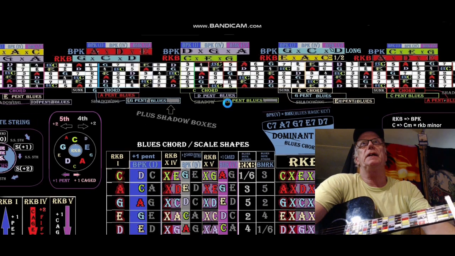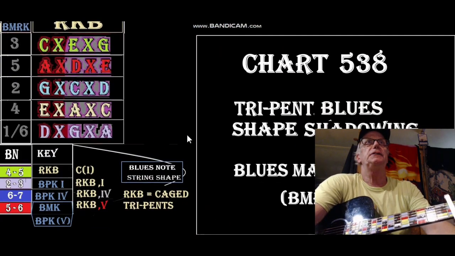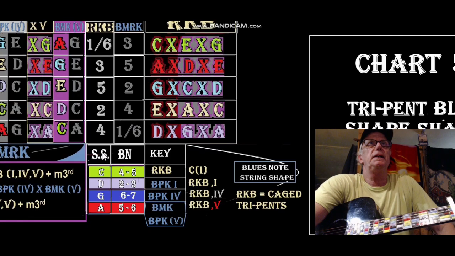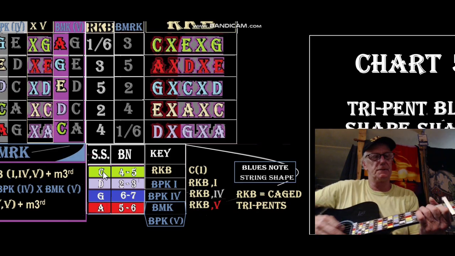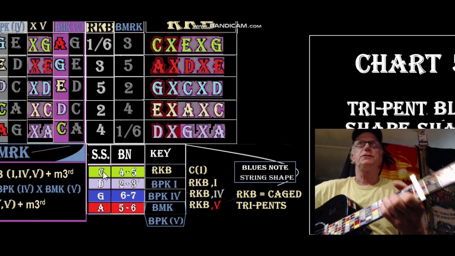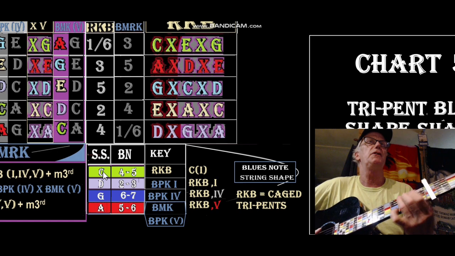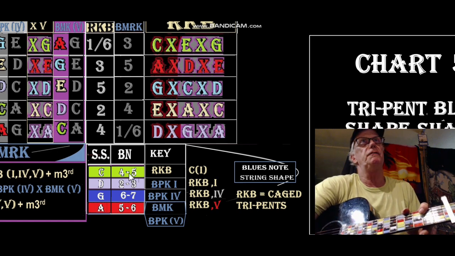So let's look at this little chart I made this morning. It just shows us that when we've got the root key of the blues, our string shape that has the blues note is the C string shape. So here's your C, so your C string shape's on the bottom, 3, 4, 5, and that blues note's going to be in between 4 and 5.